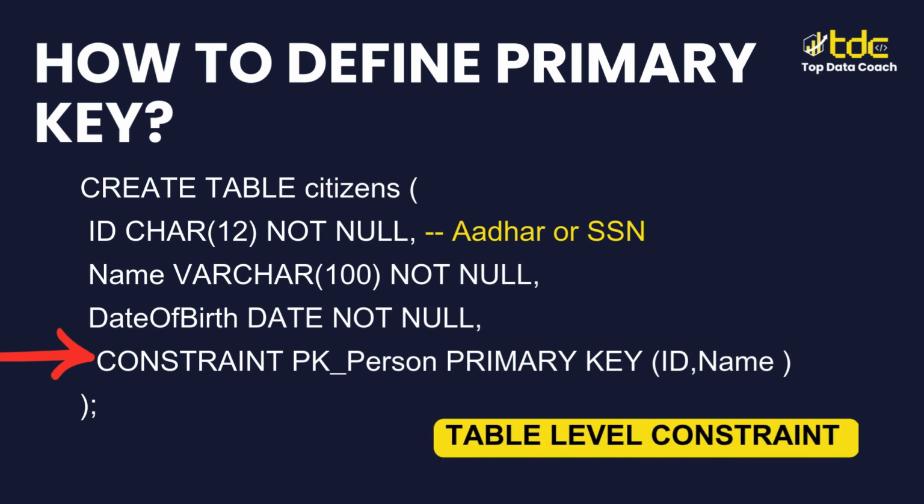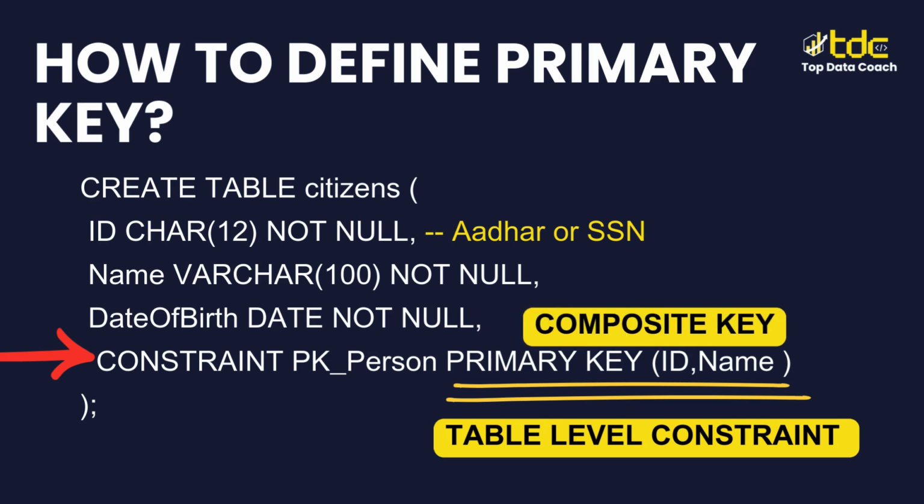This is a table level constraint, where we define a primary key at the end of the table definition after all the fields are defined. When we have a primary key as a combination of more than one column, it is known as a composite key, and we have to define it at the table level.